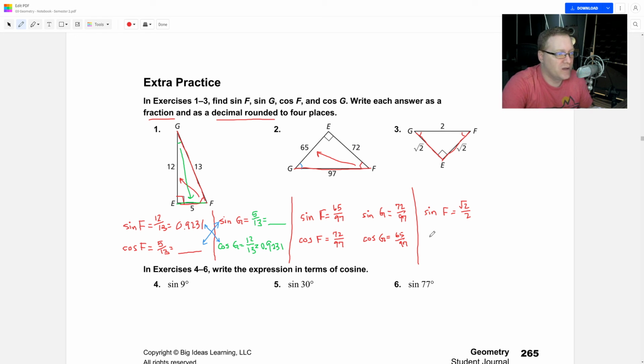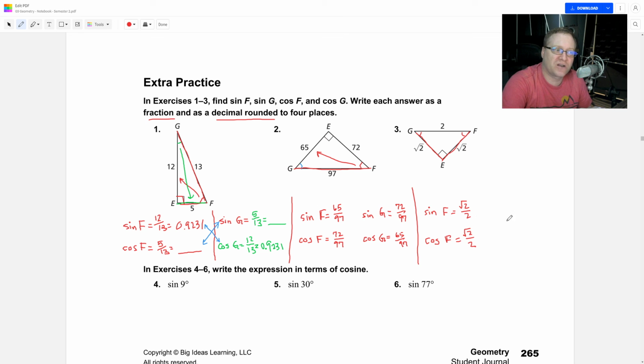And then let's do the cosine of F. Well, let's see. The adjacent now is this one, which is the square root of 2. So adjacent over hypotenuse, which is 2. Oh, they're the same, because the opposite and the adjacent leg are both the square root of 2 here.